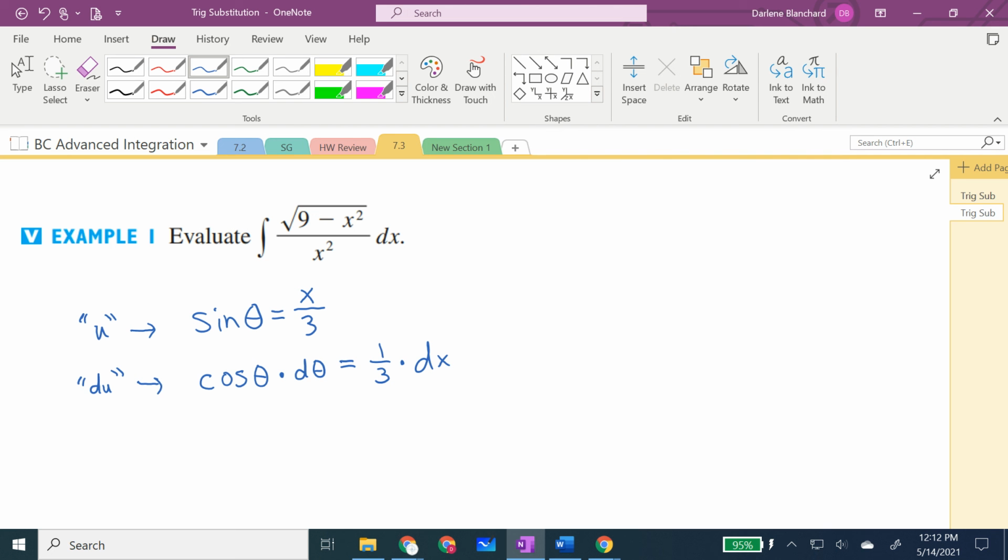Putting down sine theta equals x over 3 is a bigger equation than that. In fact, it is 6 equations in one. You can see all of the 6 equations if you draw a right triangle.